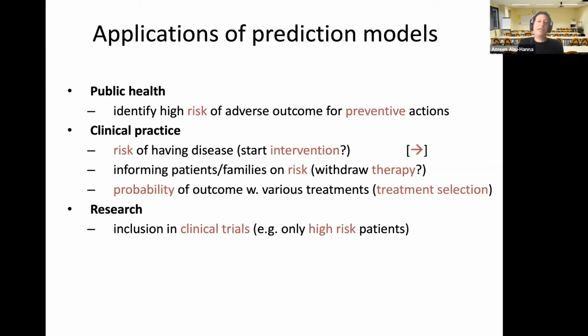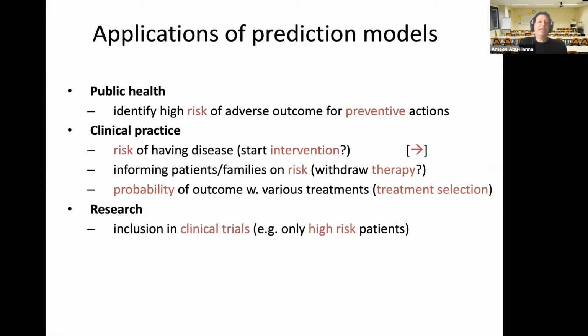If you just keep them there, it's not good for the patient, it's not nice for the families, and you're also occupying a bed that somebody else could use and benefit from. So it could be used, for example, for supporting discussions about maybe withdrawing therapy. So informing patients and families is an important reason why we predict.